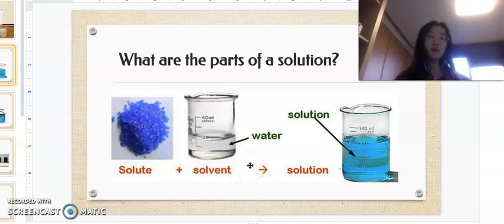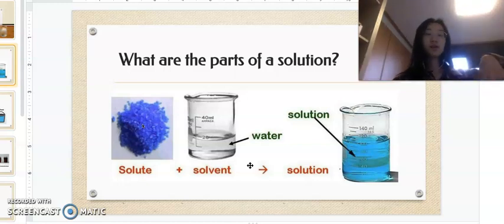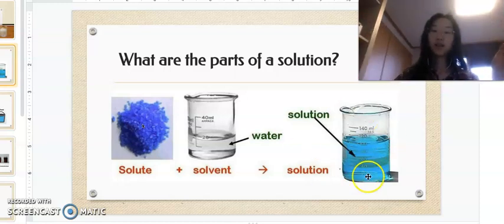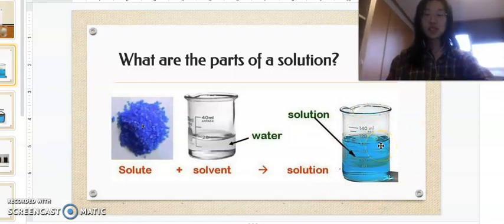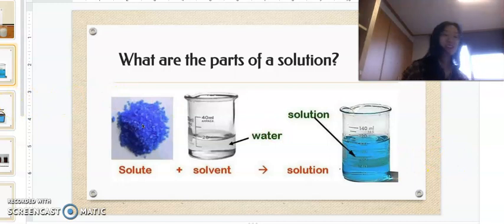Not always the liquid, but the solvent is the substance that dissolves the solute, the other substance. So the most common solvent in the world is water, right? The universal solvent. And when you combine the solute and solvent together, it becomes a solution right over here. The interesting blue liquid over here.